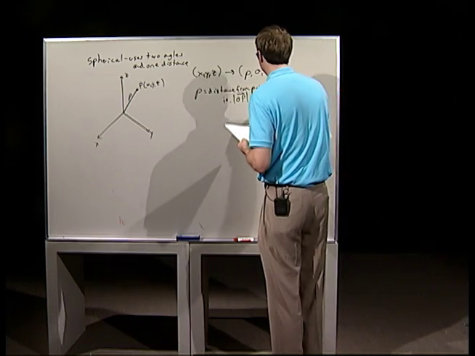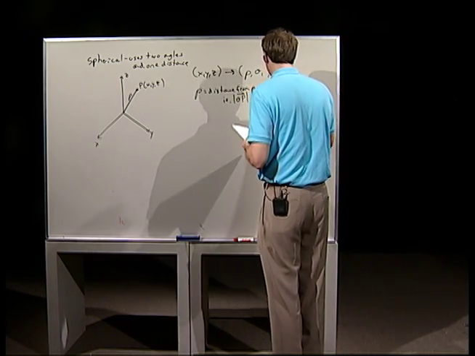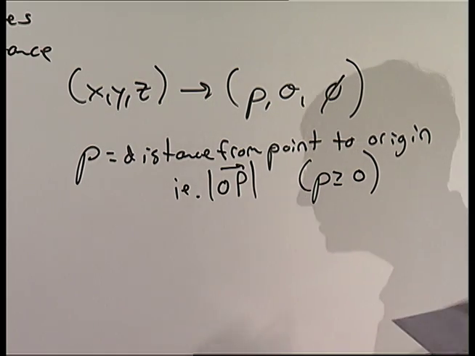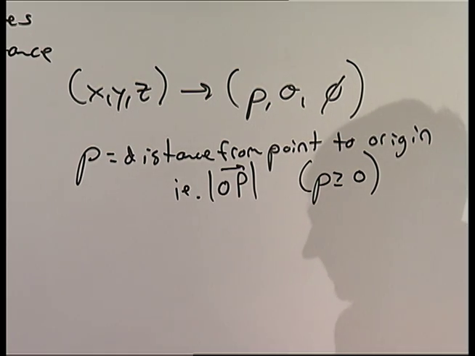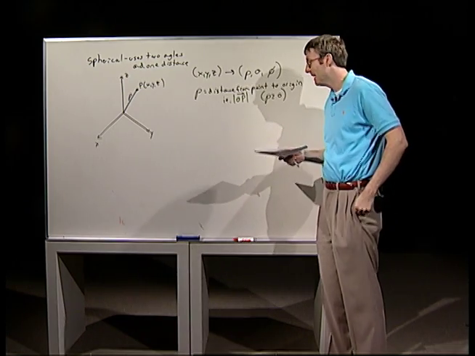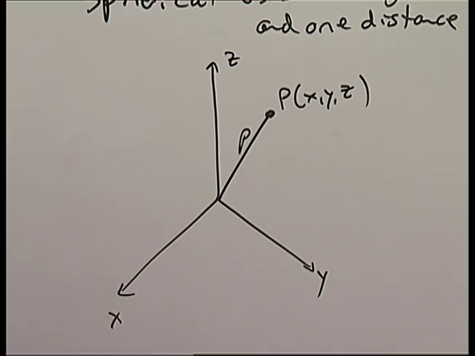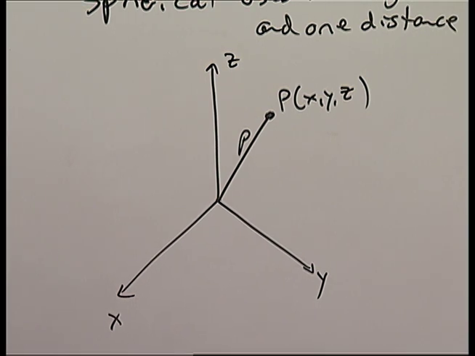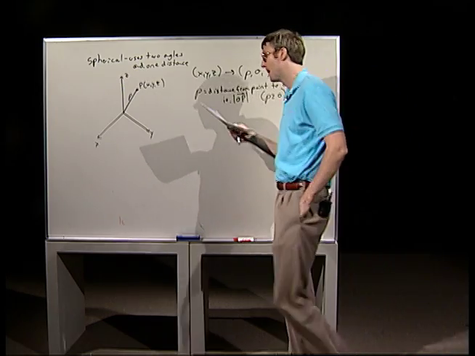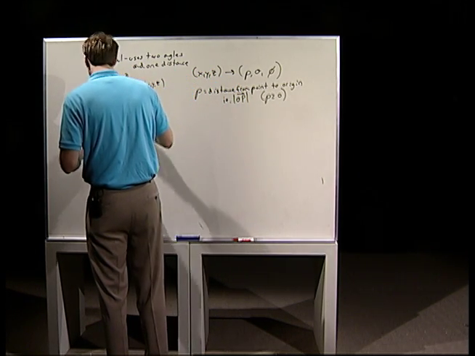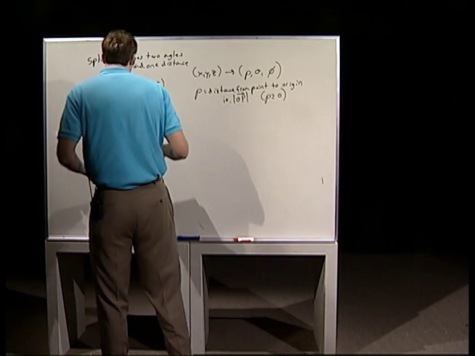And rho is a strictly non-negative quantity. Remember, r in polar coordinates could be negative. Sometimes you had a reason to define it that way. It didn't have to strictly be a distance. It could be the negative of 1 as well. Rho is strictly a distance. This phi is a little bit harder to get a handle on. Let me maybe switch to the red.